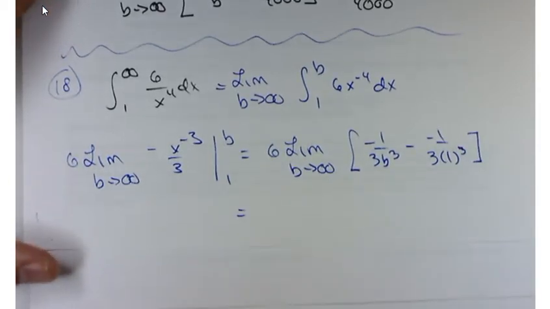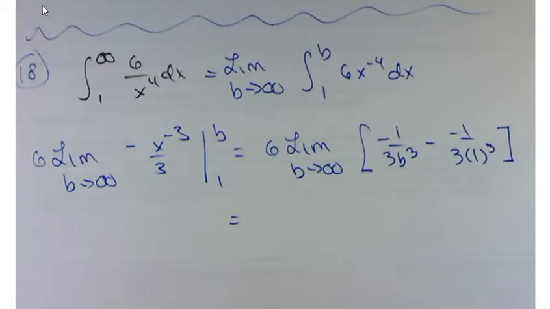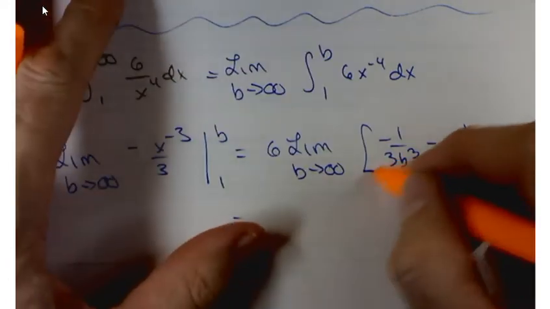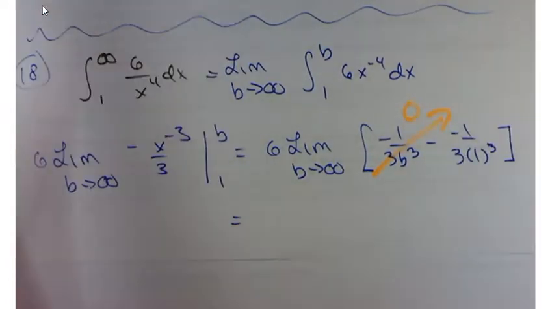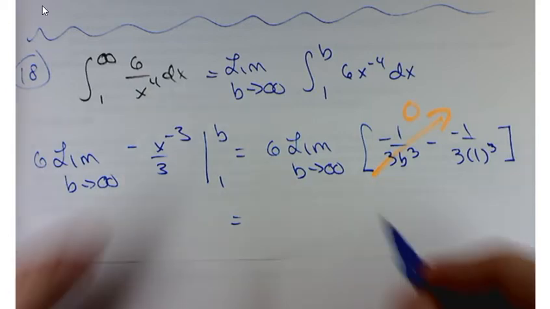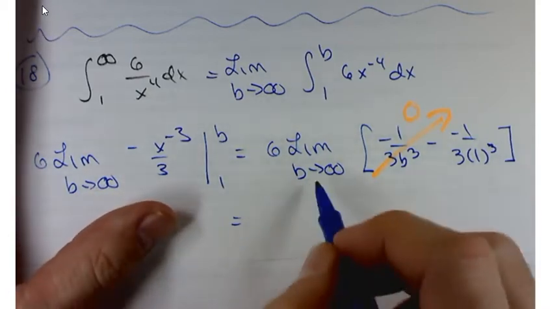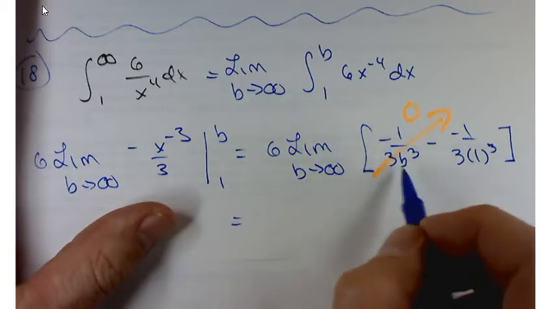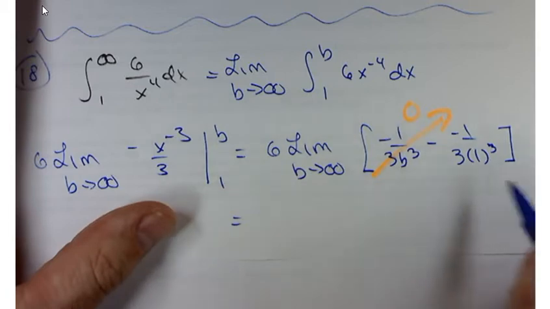And like the last problem, we're going to get something nice happening here. This term in the limit goes to 0. Yeah, because you're taking the limit as b approaches infinity of negative 1 over b cubed. So that term just goes to 0.